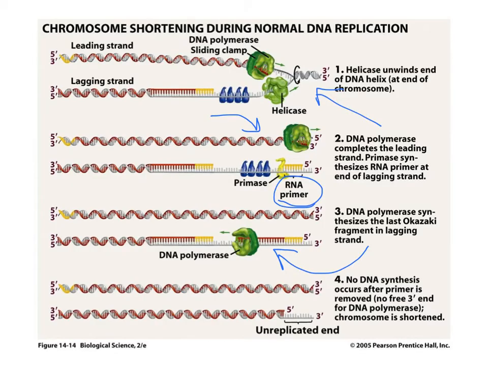But notice it doesn't get all of the nucleotides at the end. The gray ones there remain with no primer associated with them, and no DNA nucleotides as yet. In the end, that area does not end up being replicated.